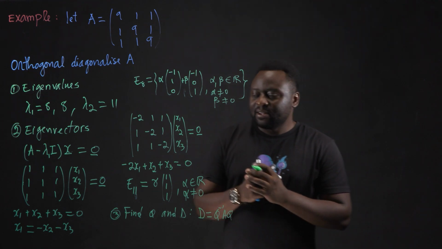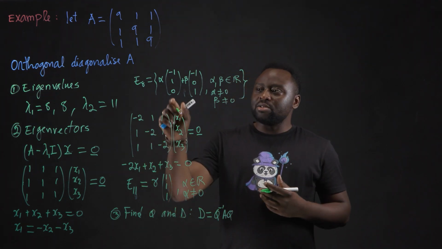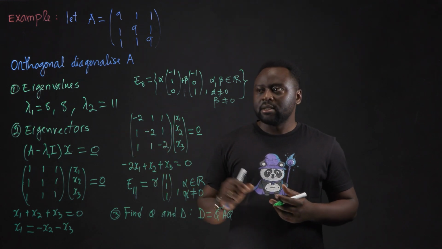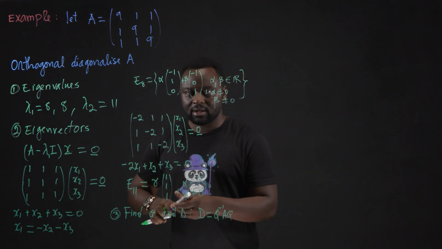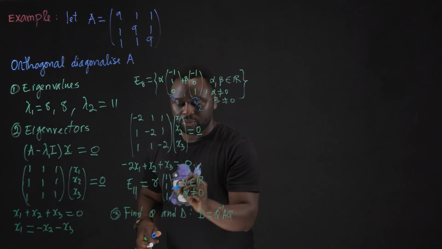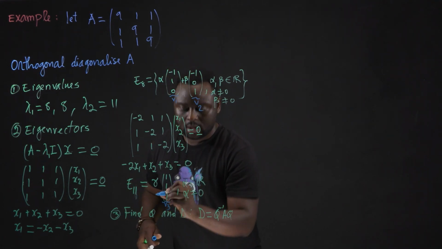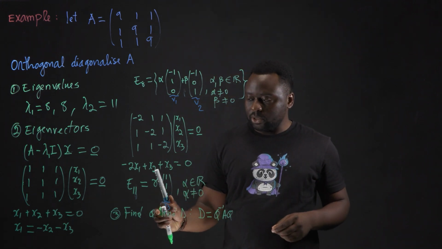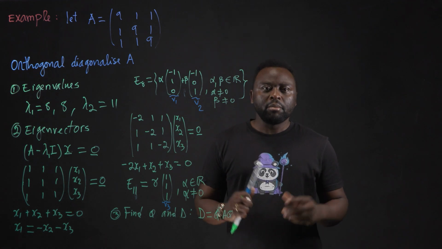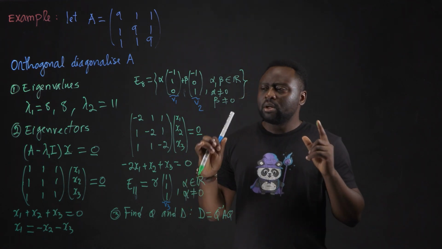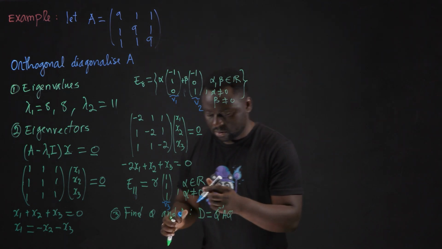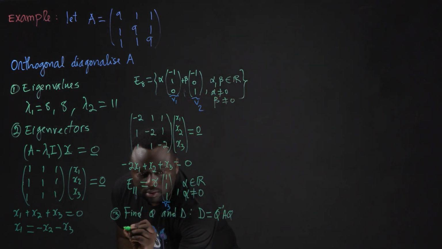Remember that for the orthogonal matrix, we generally use the vectors coming from the eigenvectors. If we call these V1, V2, and V3, then the orthogonal matrix Q should be a matrix made of these vectors, but under a certain condition. You should make sure of the norm of each vector.